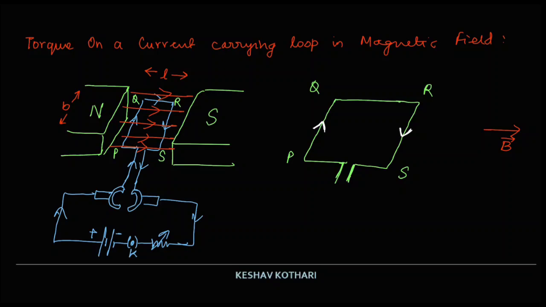So I say that the force acting on PQ is in the downward direction F. Similarly, for the direction of force on RS, the magnetic field is towards the right of the screen, your middle finger is pointing from R to S and your thumb will be pointing upwards. So in this case, the force on the current carrying wire is upward.